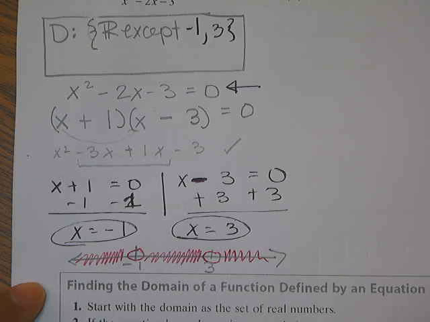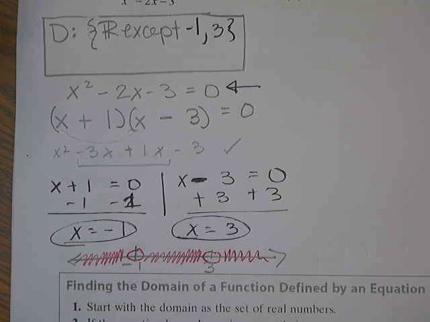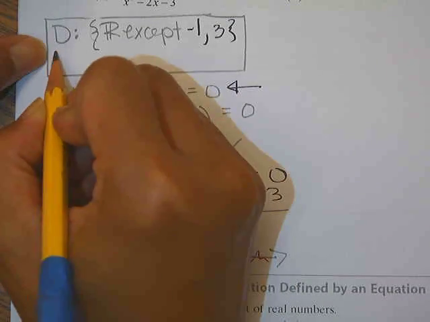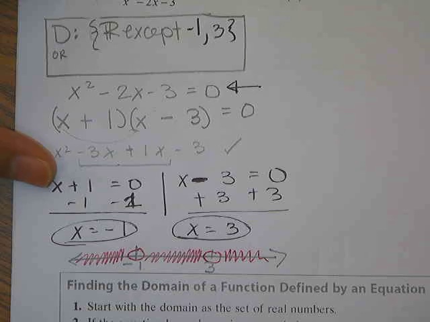Okay? And so now that we are in pre-calculus, we might need to learn interval notation, which you're not required to know by now, but you are going to be required to know soon. So if you look at this, it's going from -infinity over here to -1. So this is another way of writing your domain.